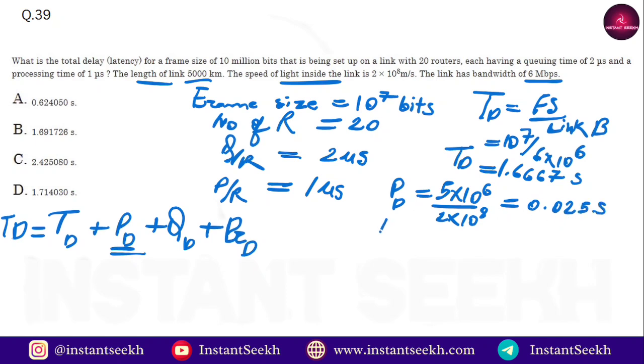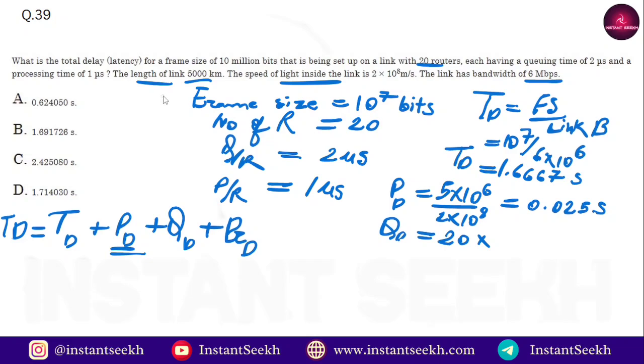Let's calculate queuing delay. Queuing delay is equal to number of routers times queuing time per router. The number of routers is 20, and queuing time per router is 2 microsecond. Processing time is 1 microsecond.